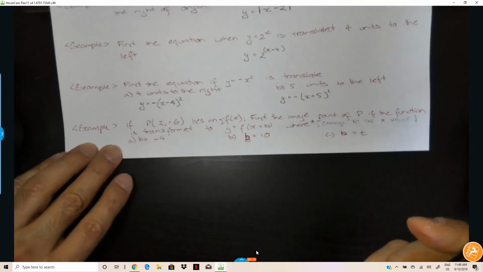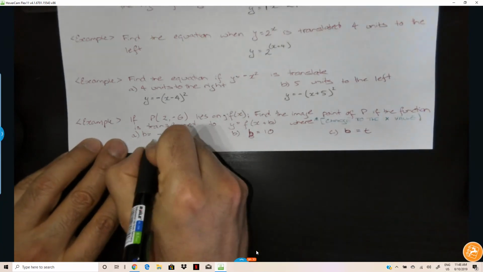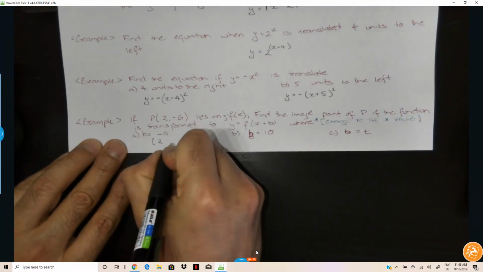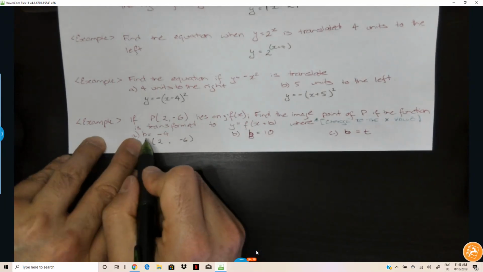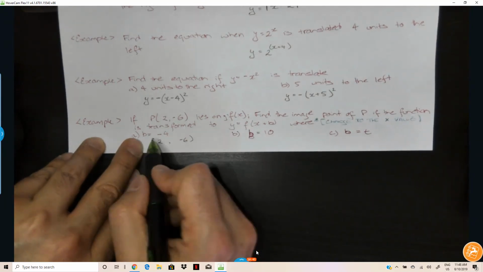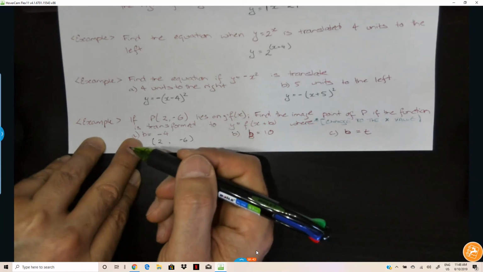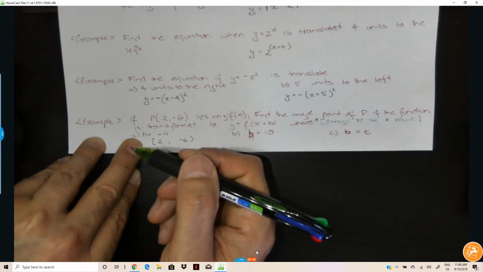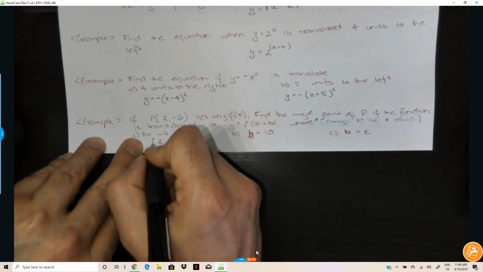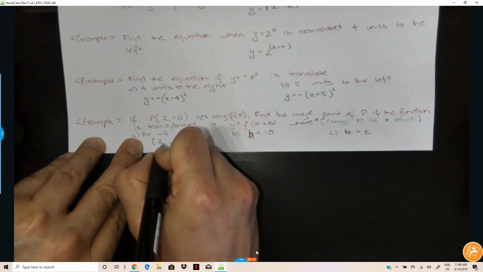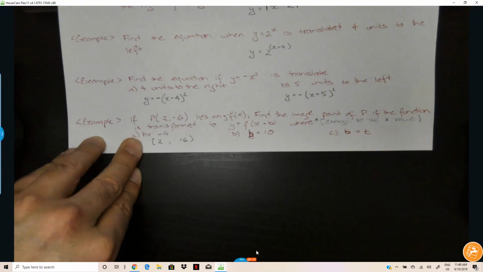For b equals minus 4, I'm moving it 4 places to the negative, so I'm going to go to the right.